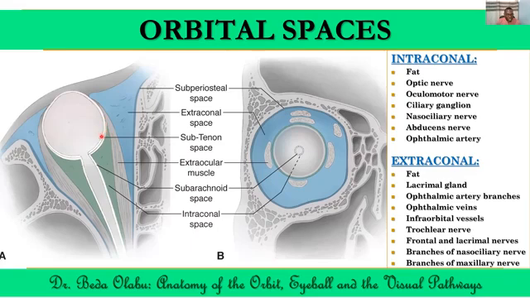The subtenon space is also known as the bulbar bursa. Remember, that's the one that enables the eye to move independent of the fat. We have the subarachnoid space. The subarachnoid space will be the space around the optic nerve itself, because remember, optic nerve is covered by dura mater, arachnoid mater, and pia mater, and so there is a subarachnoid space there which contains CSF.